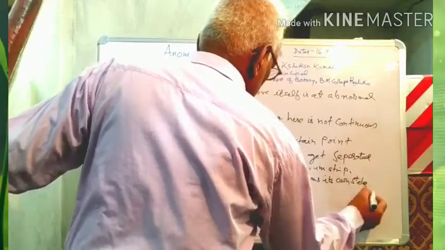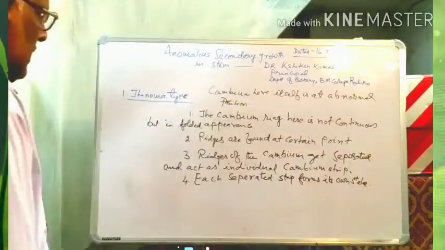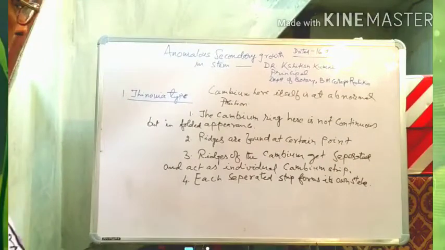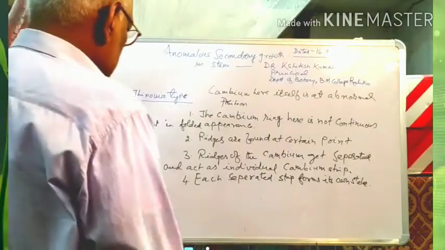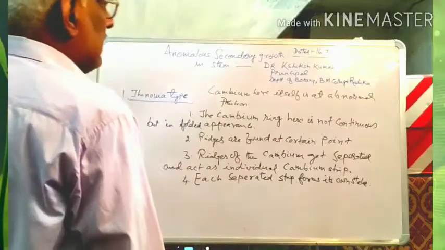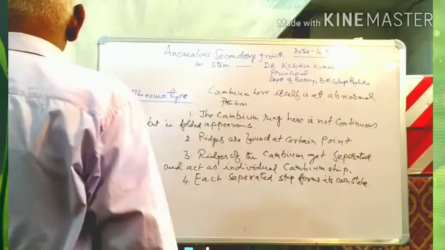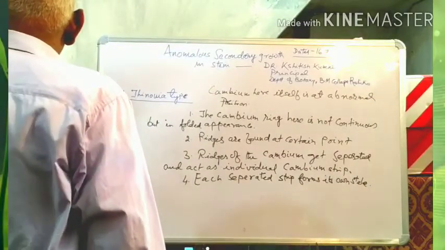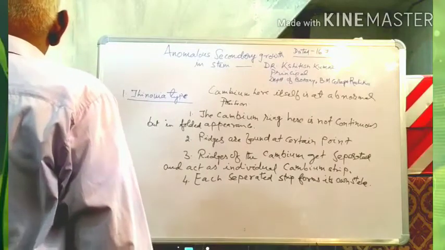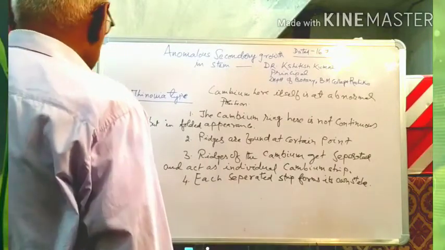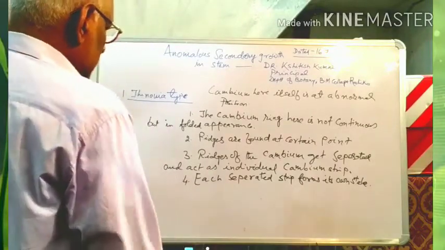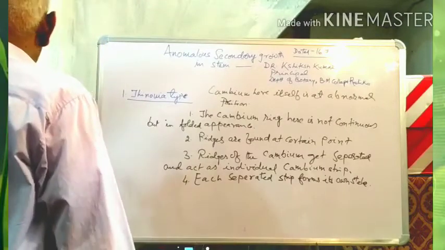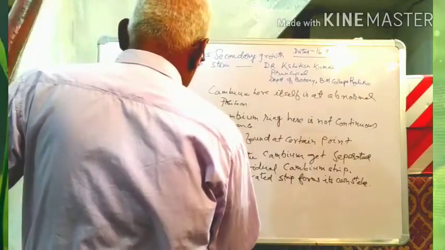You know what a stele is? A stele is the entire mass of tissue encircled by the endodermis and pericycle. So each separated cambium forms its own stele and vascular tissue.